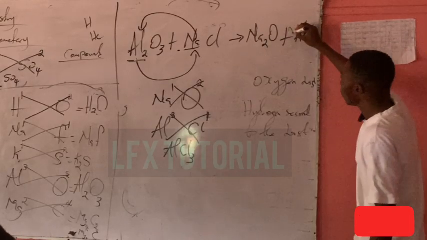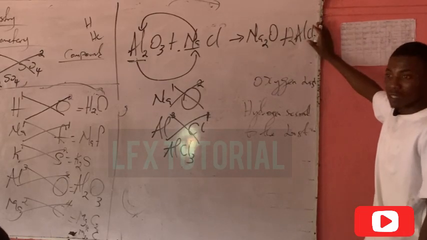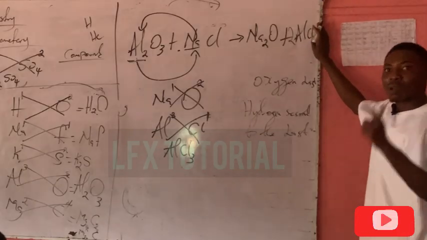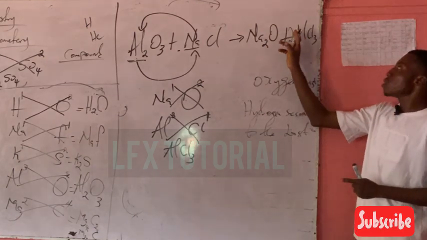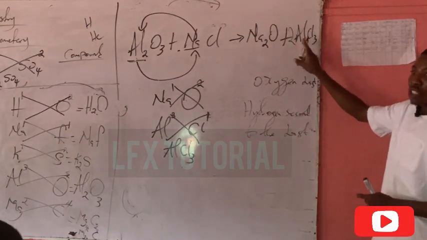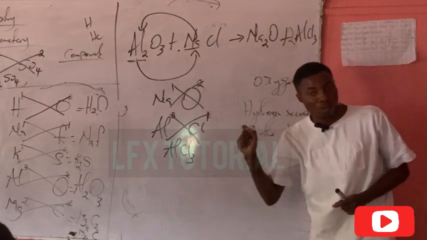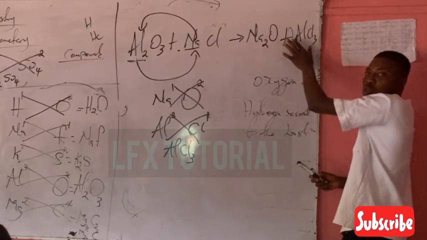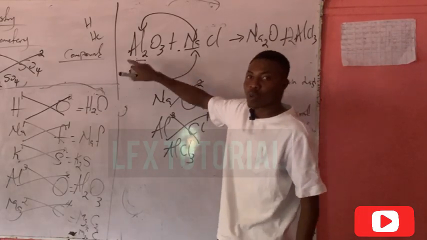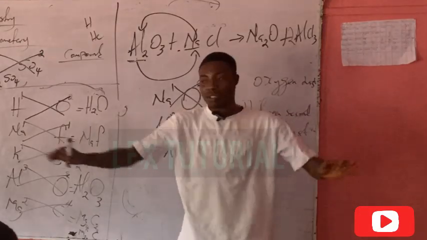You can only put a number in front of those elements or compounds. So aluminium is now 2 here and 2 here. Aluminium is now balanced.